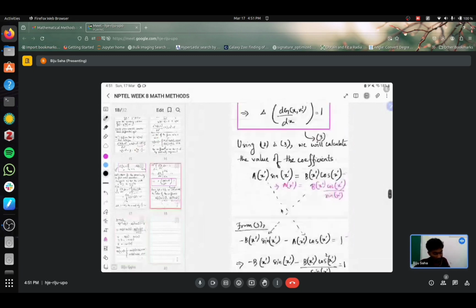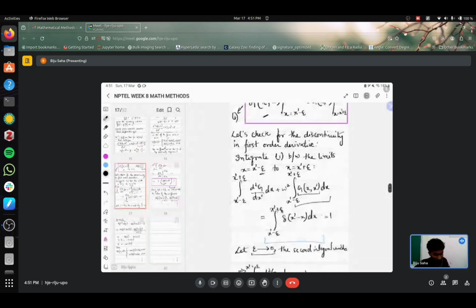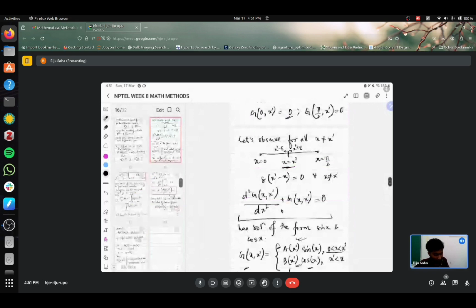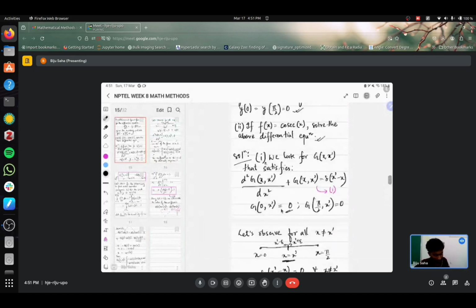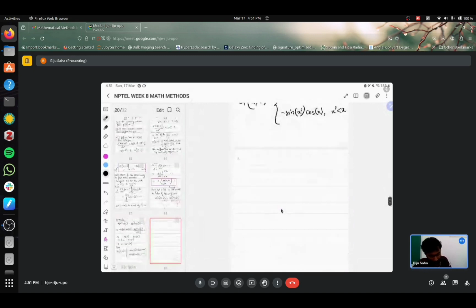The next step is to use this definition of the Green's function and get the form of y. Also, we are given that f of x equals cosec x.